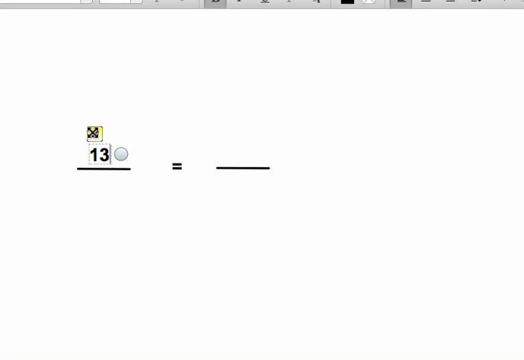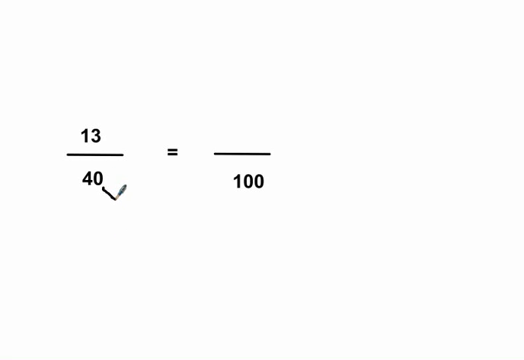If you didn't want to rename the denominator to 10, you could think, how do I go from 40 to 100? Well, you know you're multiplying because 100 is larger than 40. But you might not know exactly what you're multiplying by. I could think 40 times 2 is 80, and we need a little bit more. 40 times 3 is 120.